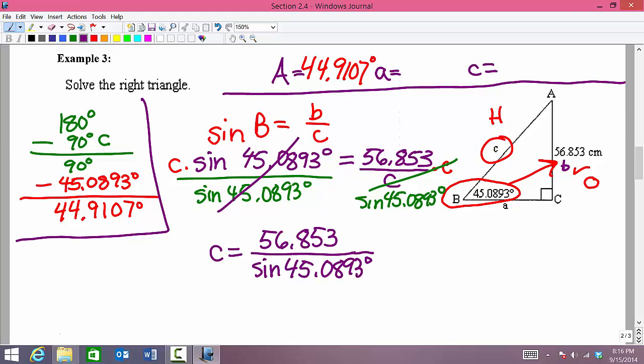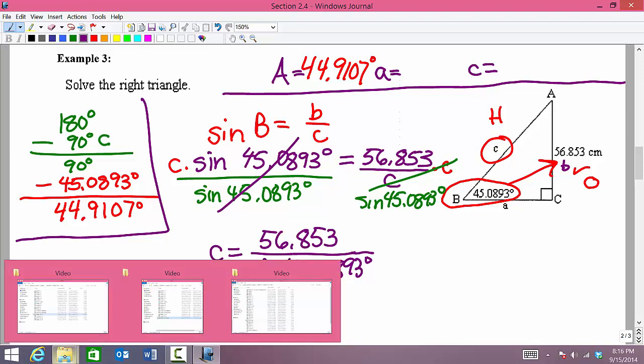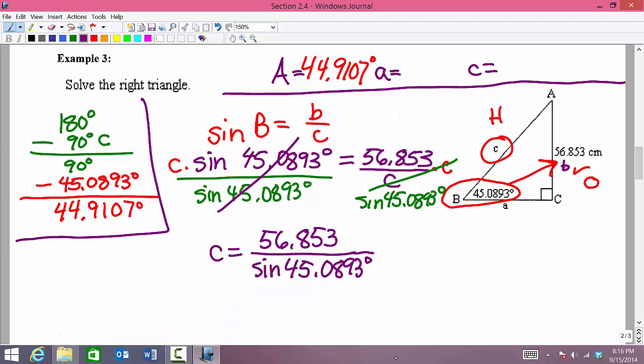And all we have to do is put that into our calculator. 56.853 divided by sine 45.0893. And I get 80.27726 and so on.